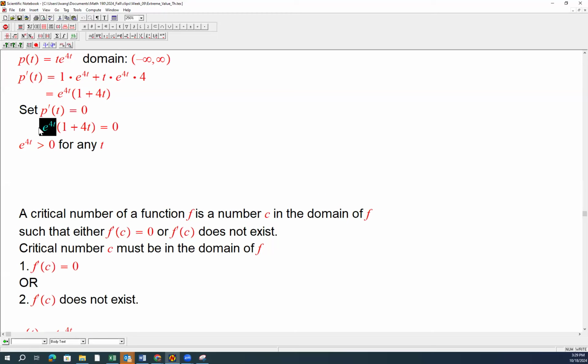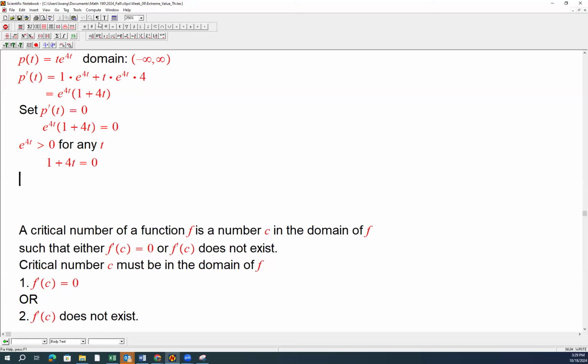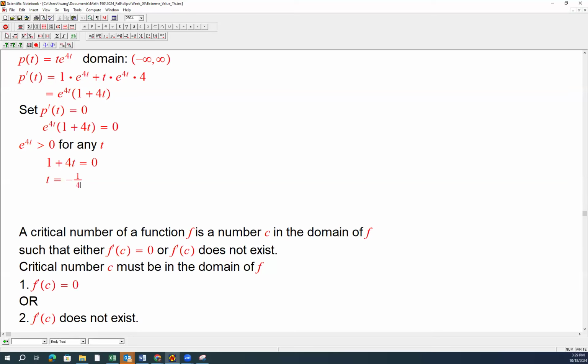Therefore, this is not going to contribute anything to the product equaling 0. So when we set the derivative equal to 0, it's just 1 plus 4t equals 0, and that makes t equal to negative quarter. Critical number is t equals negative quarter.